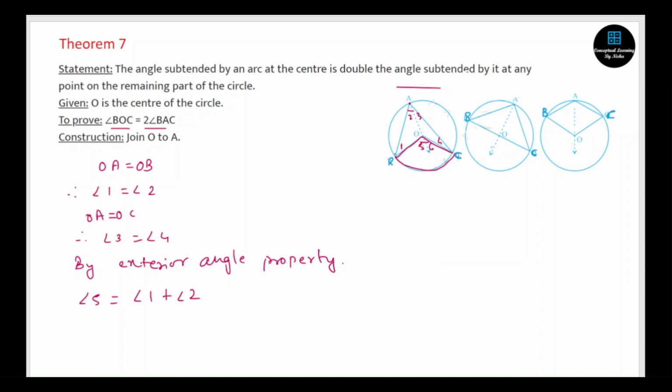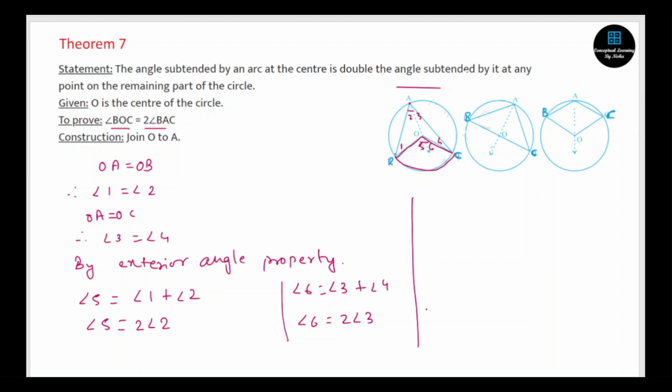Angle 5 equals angle 1 plus angle 2. Correct? But they are equal. So I am interested in angle 2. So angle 5 is equal to 2 times angle 2. Same way, by the exterior angle property, angle 6 equals angle 3 plus angle 4. So angle 6 is equal to 2 times angle 3.